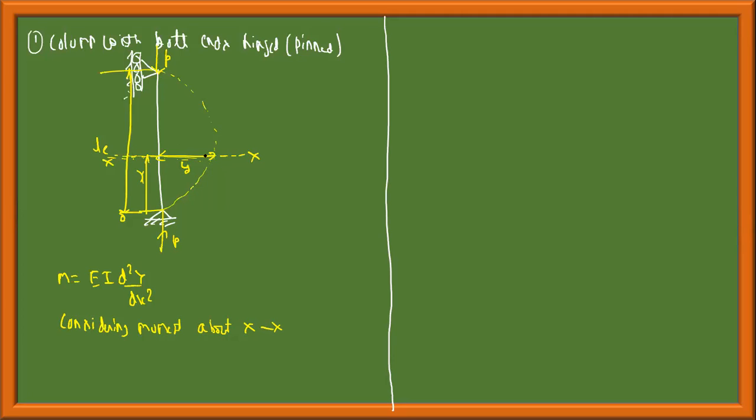I will consider moment about this xx axis, which is at a distance of x from the bottom support. I am considering moment about this section xx, which is at a distance of x from the bottom support.